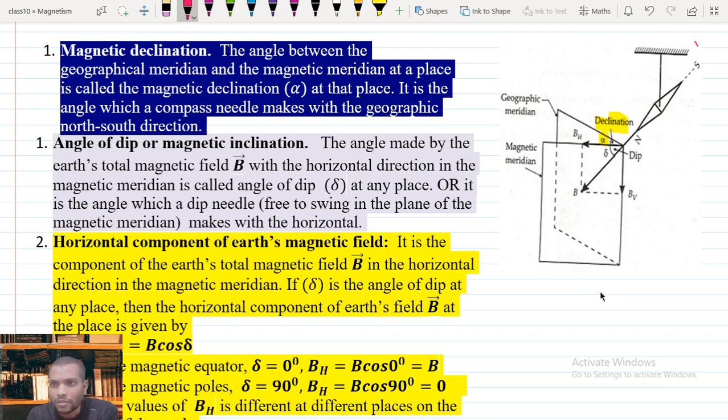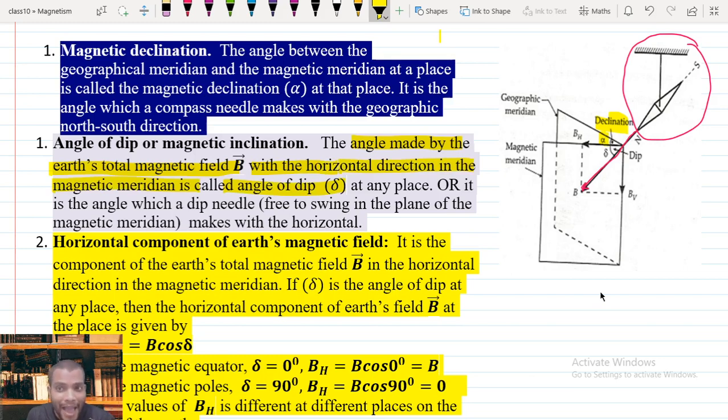Here we hang one dip needle, and the dip needle north is directed in this direction, and the dip needle makes an angle with the horizontal component of the magnetic meridian. That point is very important.